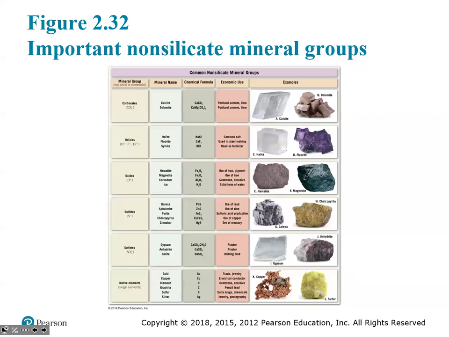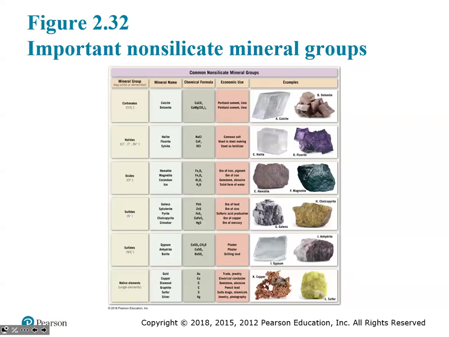The halides are things that have chlorine, fluorine, or bromine. Some examples are halite, fluorite, and sylvite. Halite is table salt, sodium chloride. Fluorite is calcium fluoride, CaF2. That's used in steel making. And sylvite is potassium chloride. It's used as a fertilizer. So this is halite, this is fluorite.